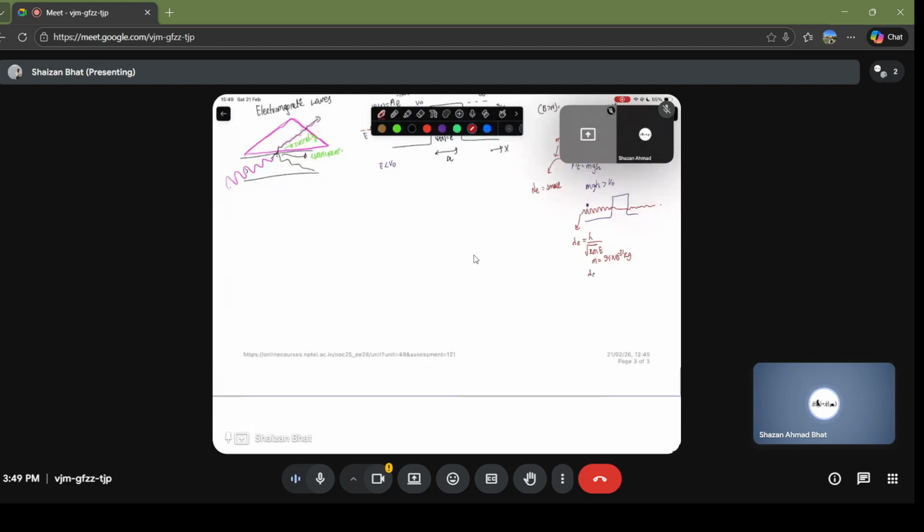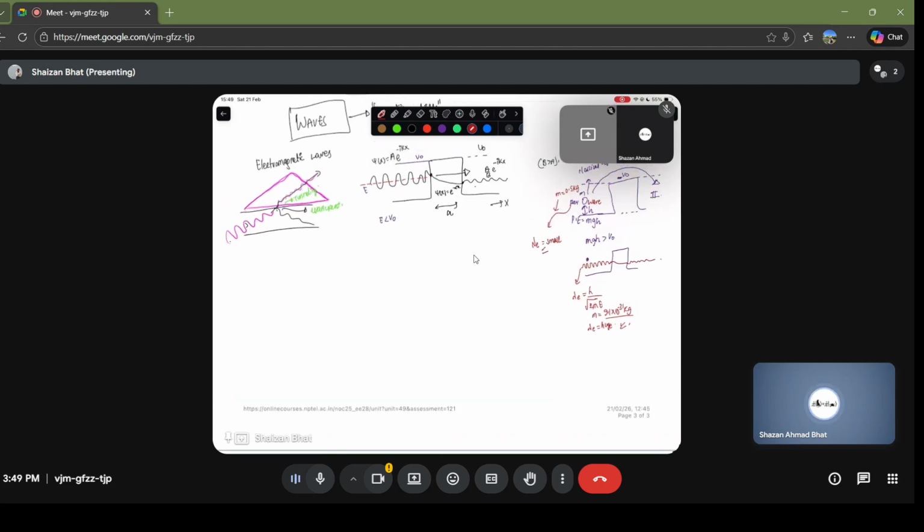But the electron's de Broglie wavelength will be significant because the mass in the denominator is small. For the ball, the wavelength is insignificant.